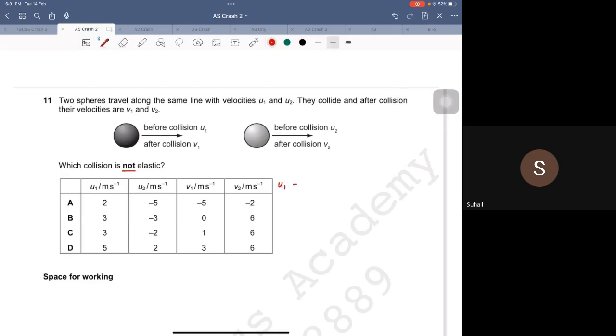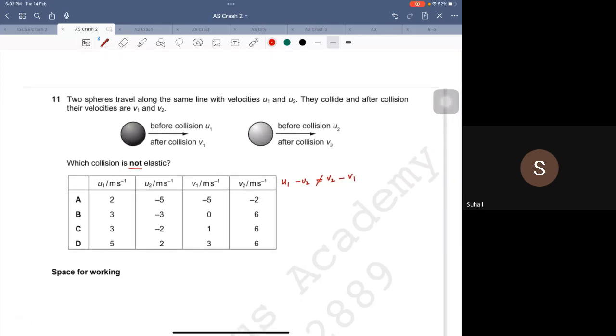I do this, so you can follow this if you like this method. I write both the things here, and what are we expecting? We are basically expecting that these two should not be equal. This is what our result should be. In this question, they have already given the negative and positive signs, so that's pretty good. Now we can add it up. u1 is 2, and then u2 is minus 5.